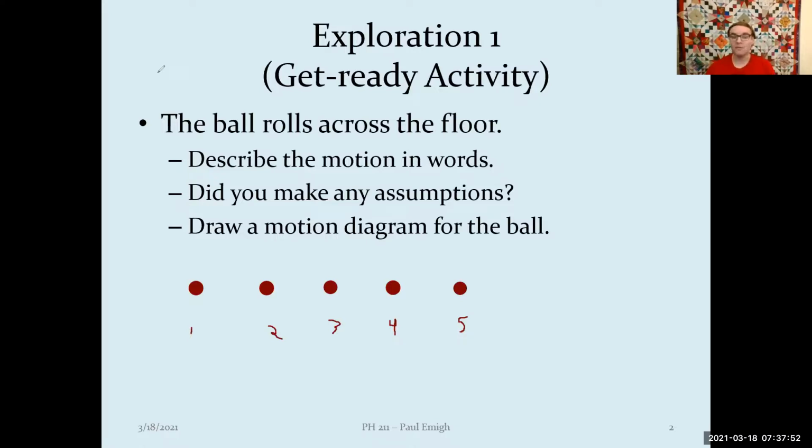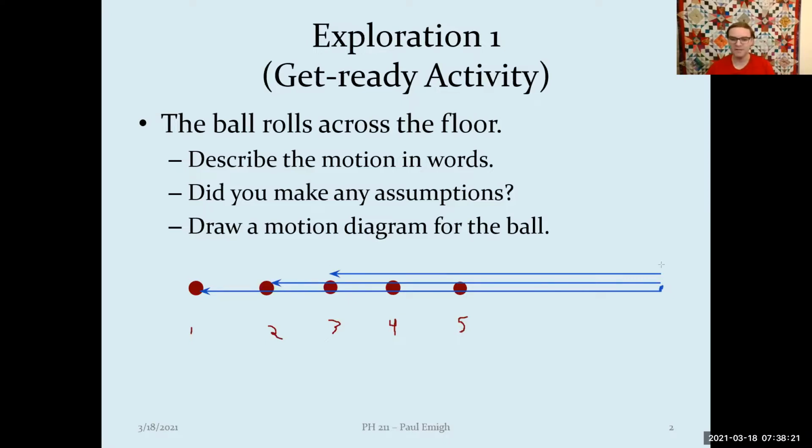Motion diagrams can often have other things on them to help us out. The thing that I am going to add here is I could add position vectors. So maybe I measure with respect to Dr. Paz, who was over here, and I could add vectors that go from the origin, the reference point that I'm measuring from, to each position of the ball.